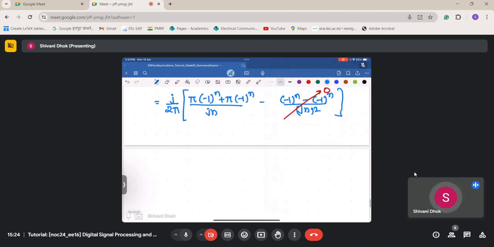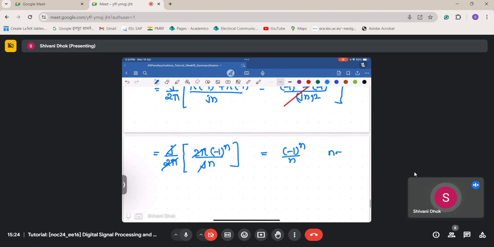And this first term we have is j upon 2 pi, 2 pi into minus 1 to the power n upon j n. So this j gets cancelled and this 2 pi gets cancelled, and now we have minus 1 to the power n by n. And this is true for n not equal to 0.